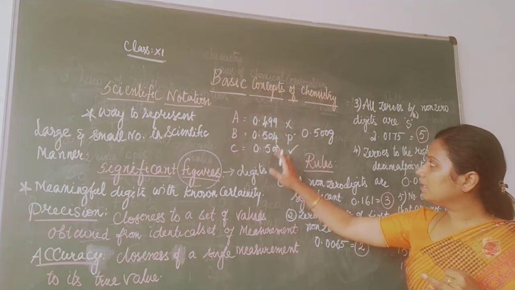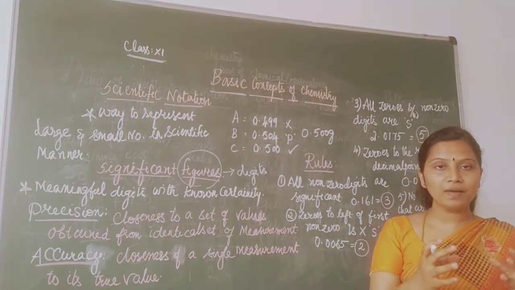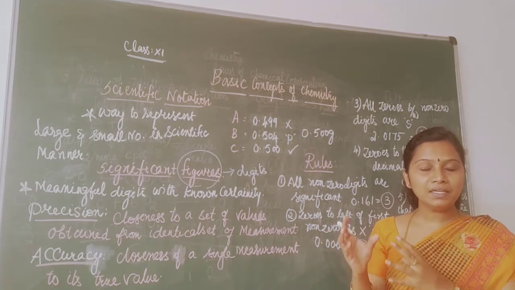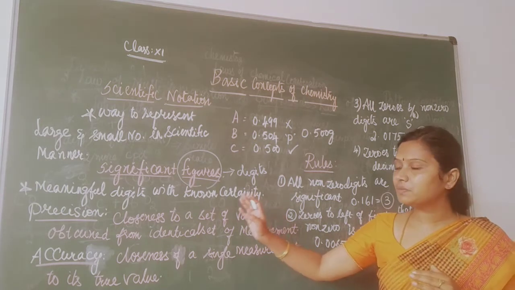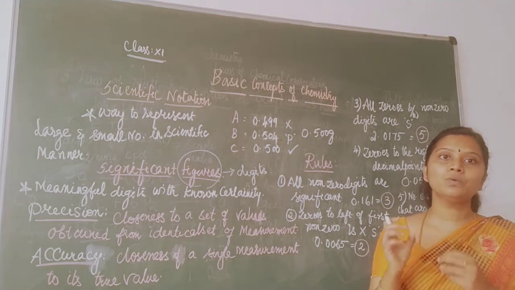So let me again explain what is precise. Closeness of a set of values to a particular value which is done in identical conditions of temperature and pressure is called precise. Accuracy refers to closeness to a true value.